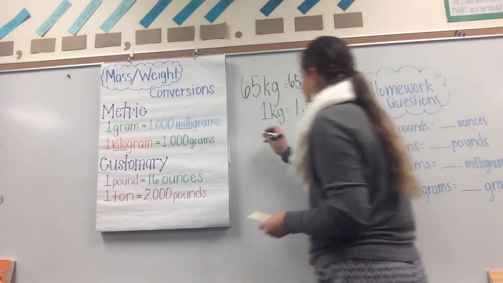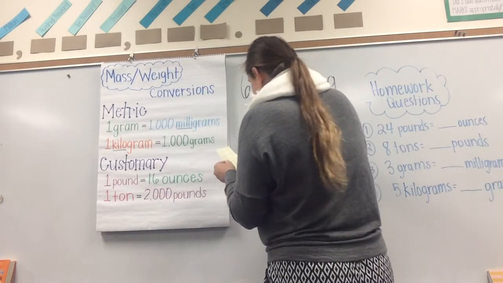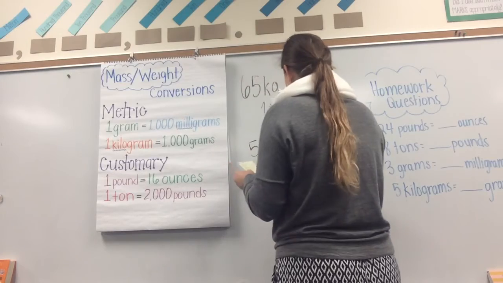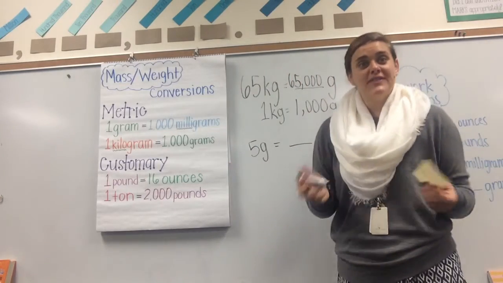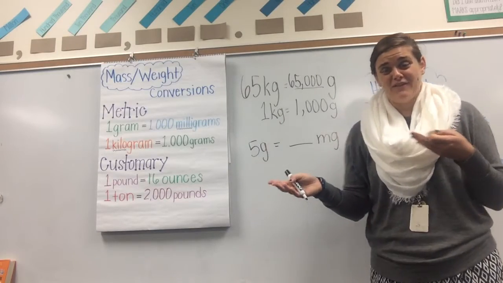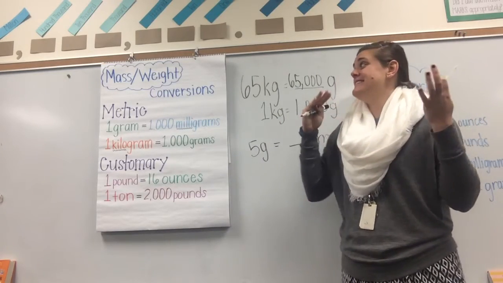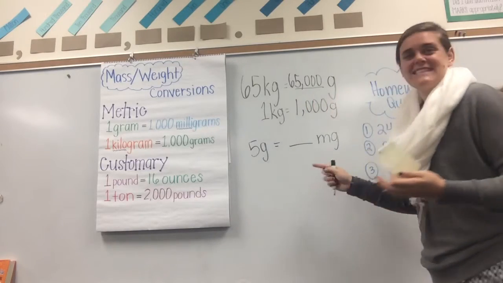Now if we look at 5 grams, we're going to do 5 grams equals how many milligrams? Again, from length, we know that milligrams are 1,000 away, just like millimeters are 1,000 away from meters. It's the same thing.